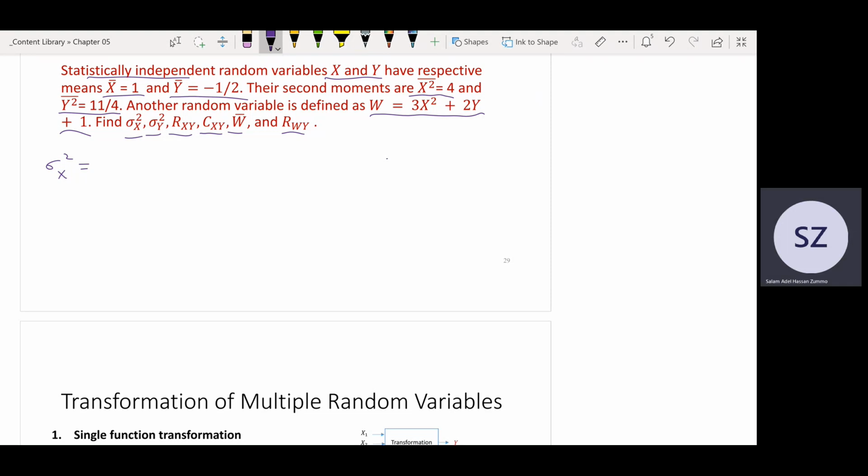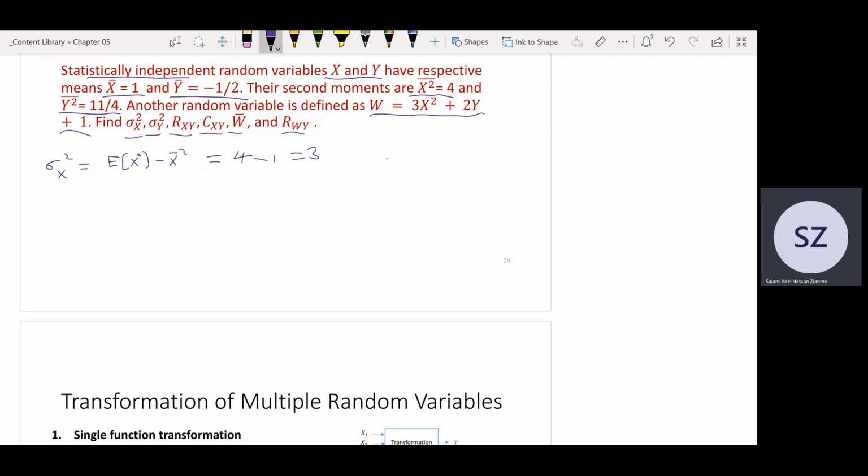I did not give you a PDF, so you cannot just tell me that it is the integral of x minus x bar squared times the PDF. You can write this, but you will go nowhere. Do you have enough information or not? So this is equal to the expected value of x squared minus x bar squared, which is 4 minus 1, which is 3.